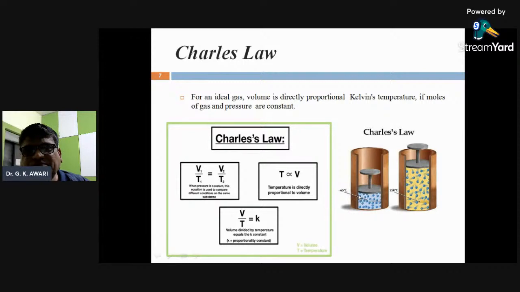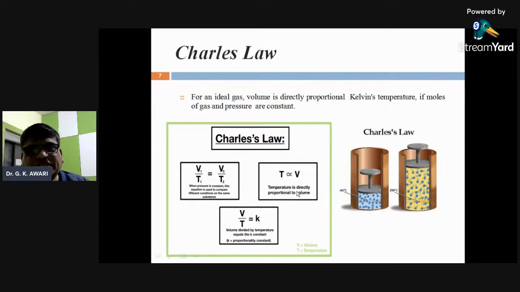So what does Charles law say? Charles law says that V1 by T1 is equal to V2 by T2, because when pressure is constant, this equation is used to compare different conditions of the same substance.